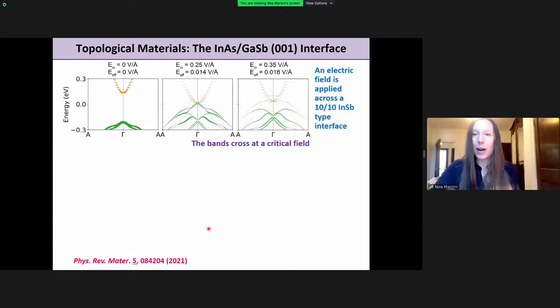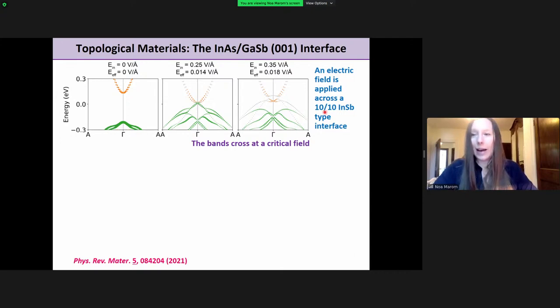The next thing we tried was adding an external electric field. So because of the computational cost of the simulations with the electric field, we can only do it for a model with 10 layers of each material.